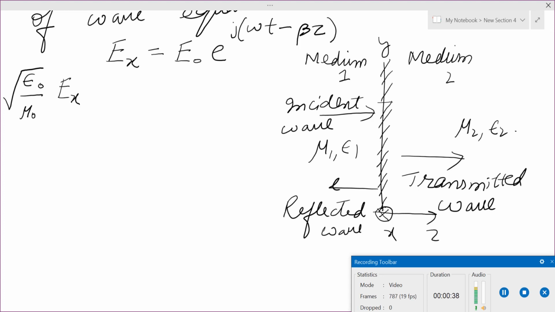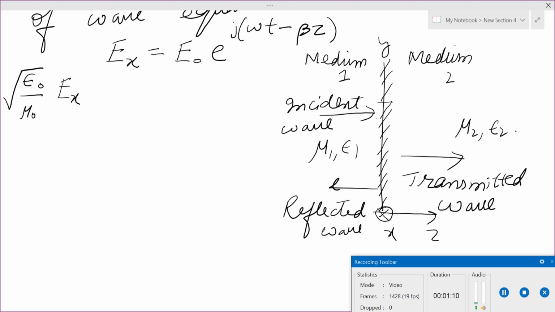So as we can see, when an incident wave impinges on the surface, it gets partly transmitted and partly reflected. This is usually the case with electromagnetic waves, and even with sound waves you observe this effect in various cases of surfaces: whenever you emit some audio or any sound, part of it may get reflected, part of it may get passed.